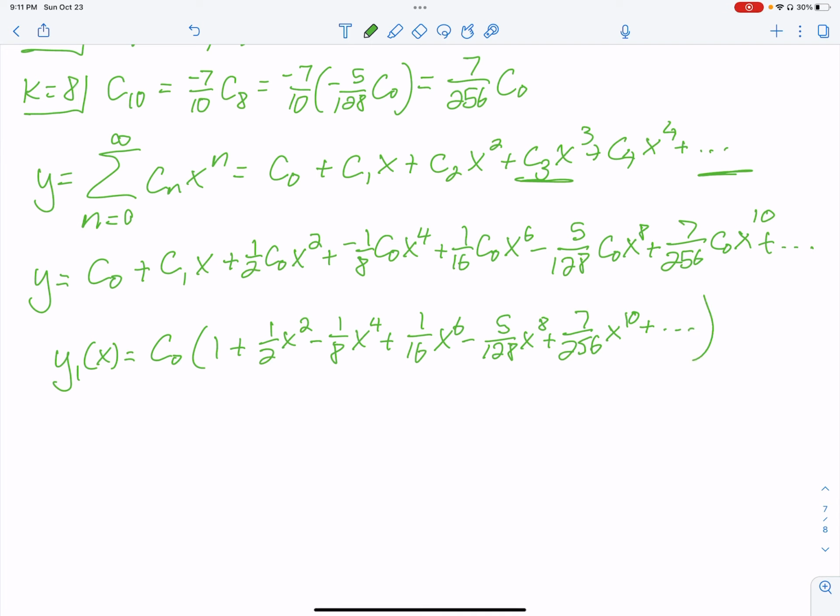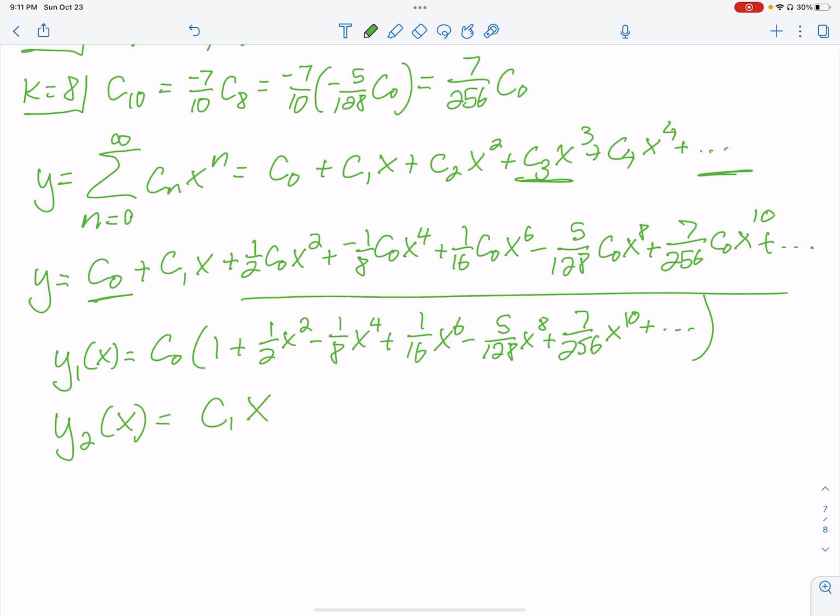That's C naught. And then now it's kind of tricky. That was this and all of those. Our second solution is literally what's there, C1x. So our general solution here is C naught y1 plus C1 y2. The ones and twos are generic. I could have picked 0 and 1 for my y's. But there are my power series solutions for the DE. That's as far as we could take it.